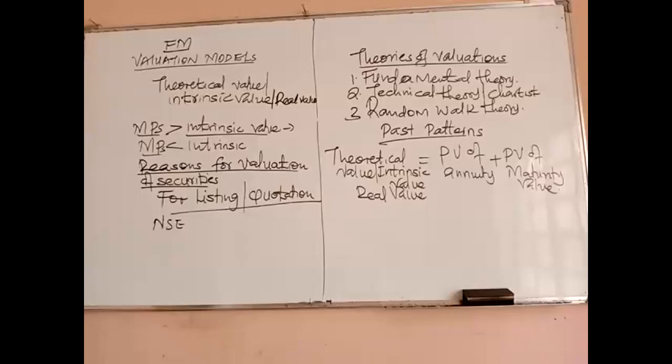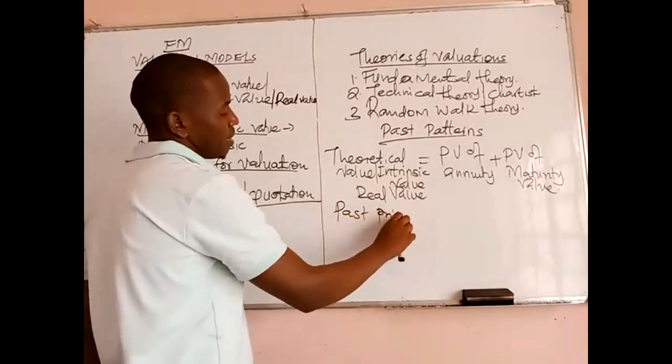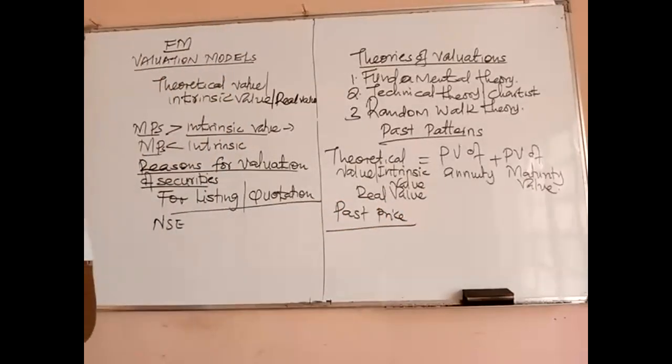See, this theory states that the past price patterns over a security could repeat themselves in the future.